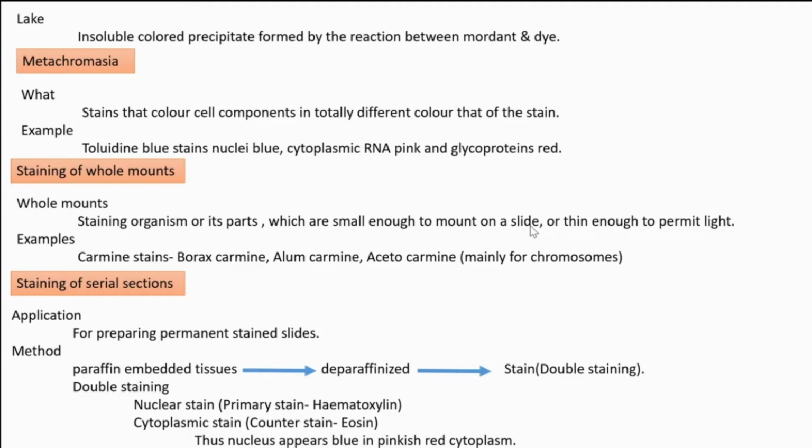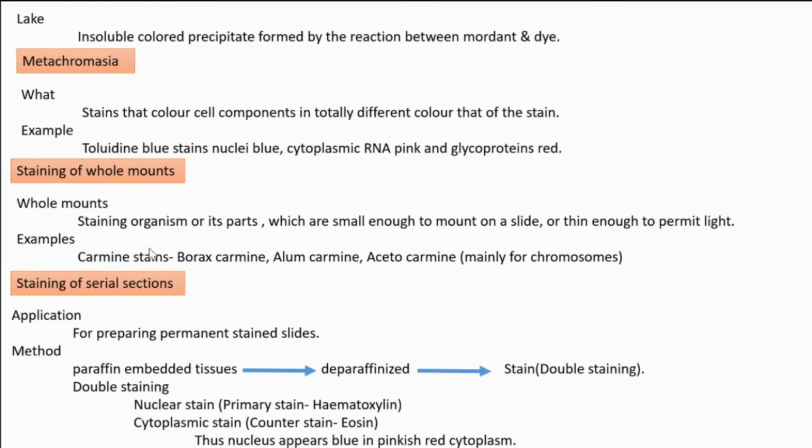If that organism or specimen or cell is small enough to mount on a slide, that type of mounting is called a whole mount. It is completely a cell, completely an organism mounted on a slide. Or if the specimen is thin enough to permit light, there is no need of making any alteration. Such types of mounts are called whole mounts.